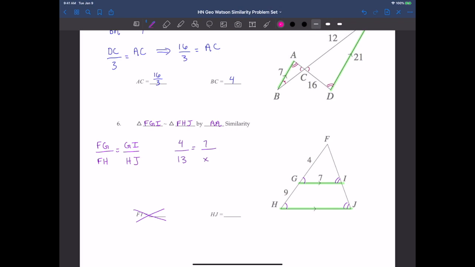Previously, when you've solved proportions, you might have done something like multiply 4 by X and set that equal to 7 multiplied by 13. That procedure works. I just want to point out that what we're actually doing algebraically is multiplying both sides of the equation by both denominators to clear the denominators.